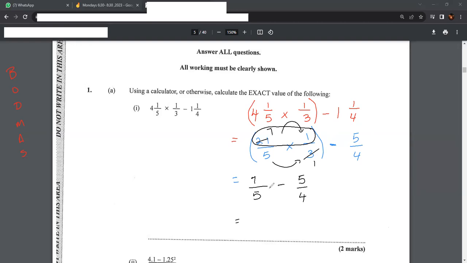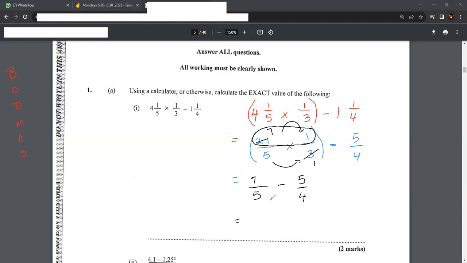So I now have to subtract. In order to subtract fractions, my denominators must be the same. So I find the LCM of the two. If you have trouble finding the LCM, remember you could go through the other way.